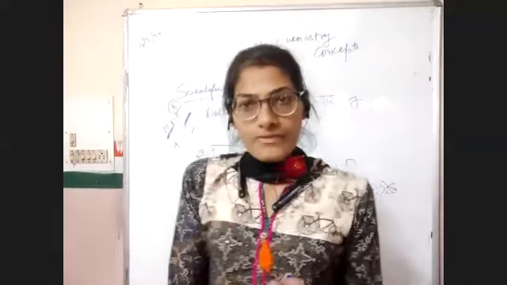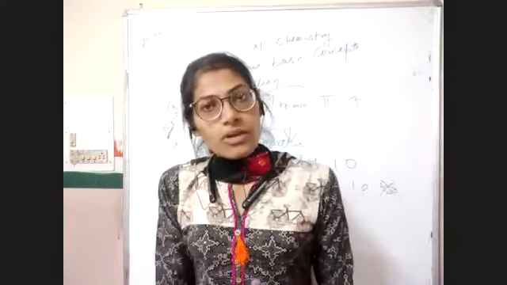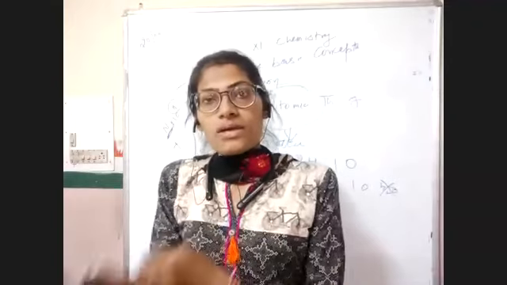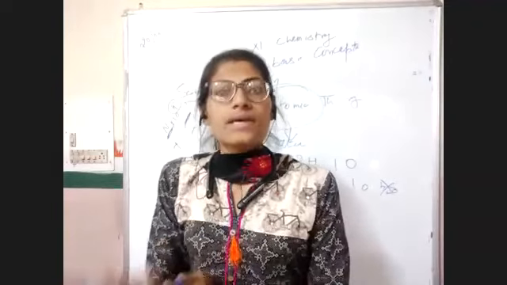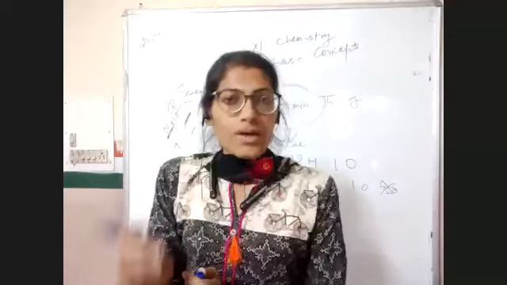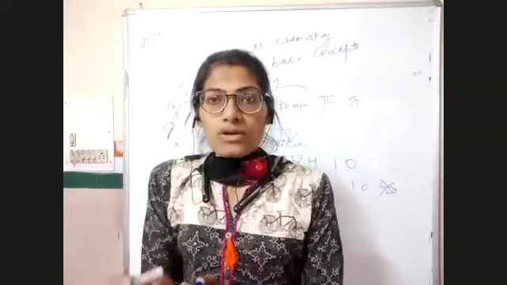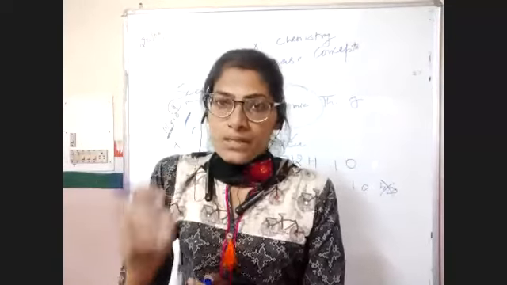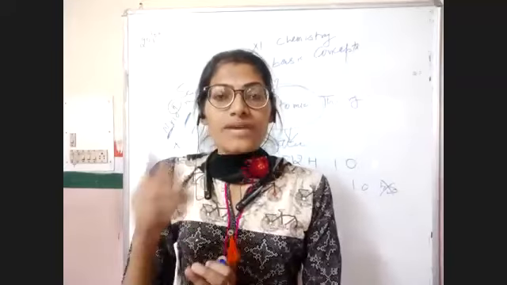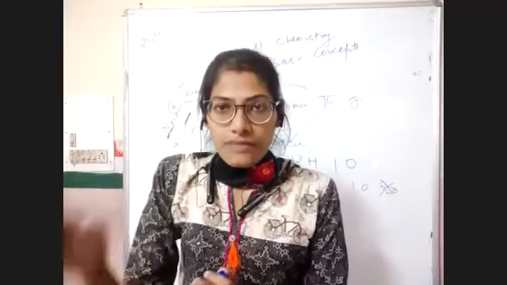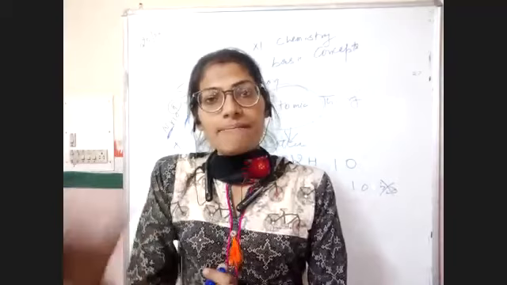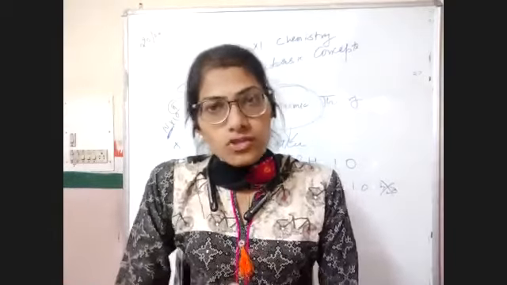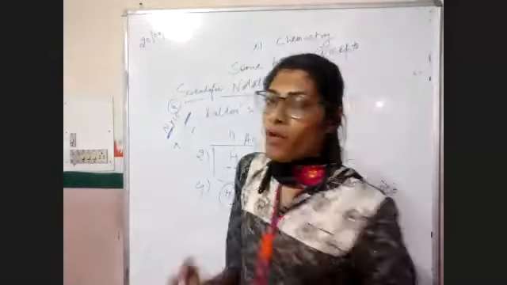Now, after scientific notation, we moved to significant figures. It told us there are some basic rules according to which we can tell what a significant figure is and how many significant figures are present, which depends on four rules.